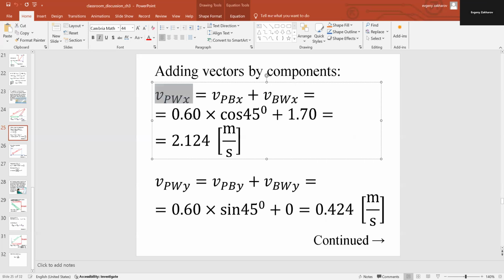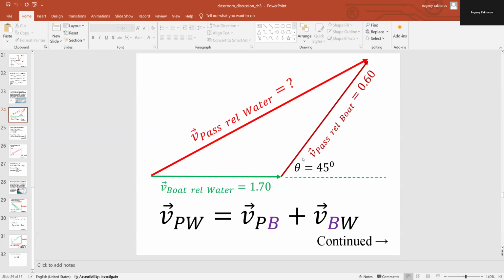And what's given is 0.6 as the magnitude, but we only want the x component, only this part. And this side is adjacent. In this right triangle, you can think about a right triangle. And I'm only looking at the side that is adjacent to 45.